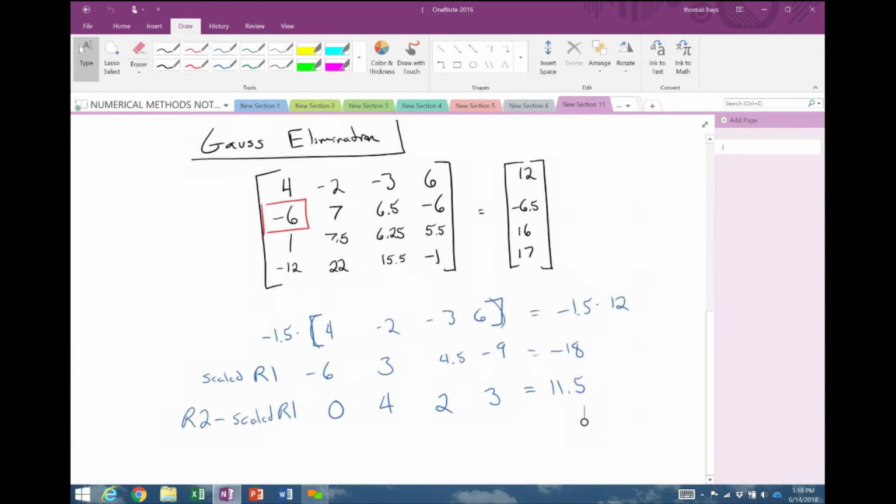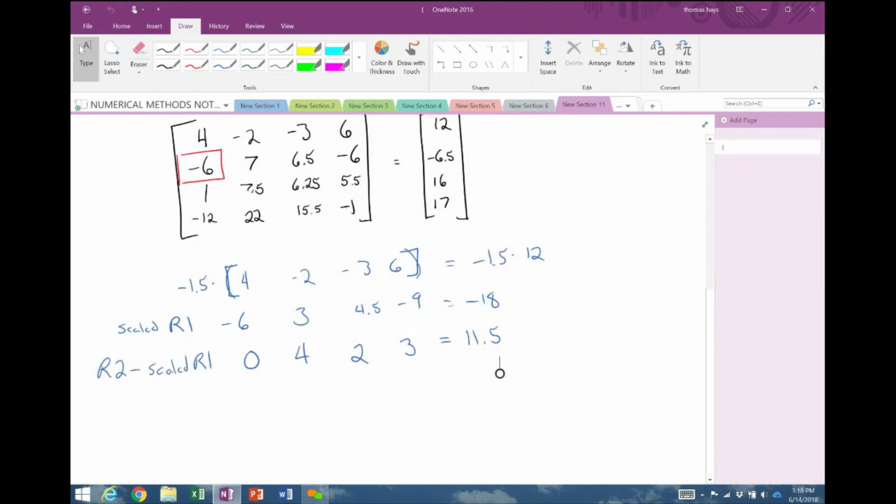So now we need to rewrite the matrix, putting in that row operation. So it becomes 4, -2, -3, 6, 0, 4, 2, 3. I should write out the solutions as well. 12.